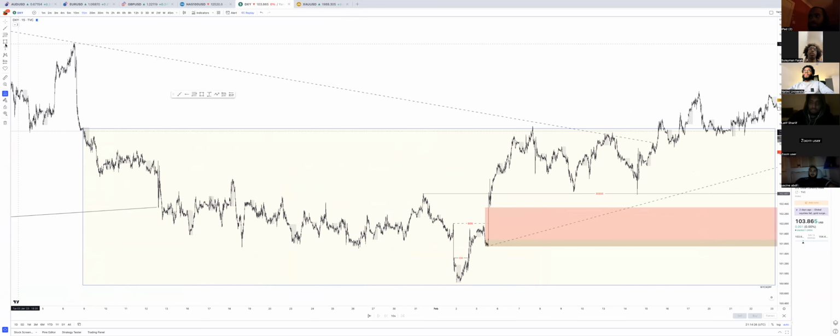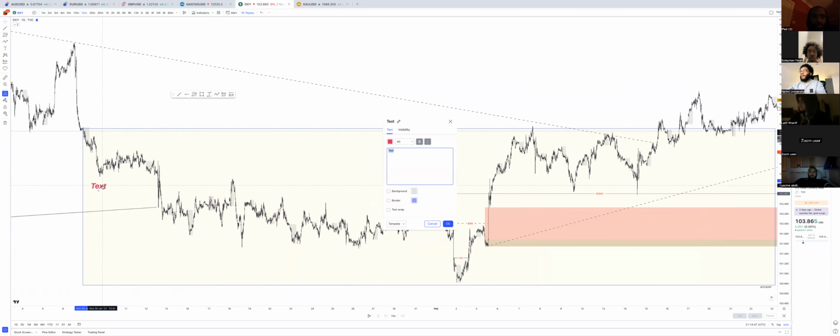So for example, when price was coming all the way down like this, it then started ranging like this. For me, I would count this as a selling climax. If I was just pointing it out, I'd say this is a selling climax right here. Why?